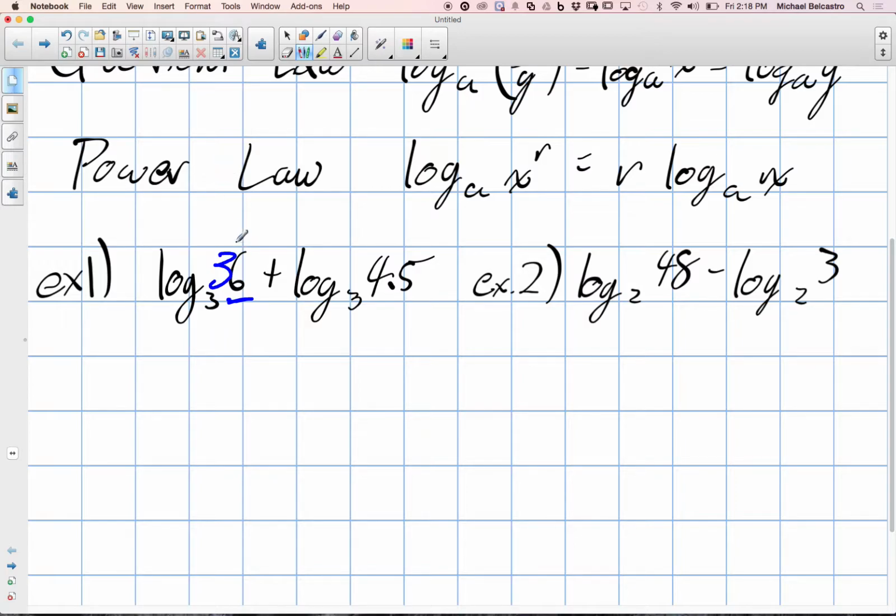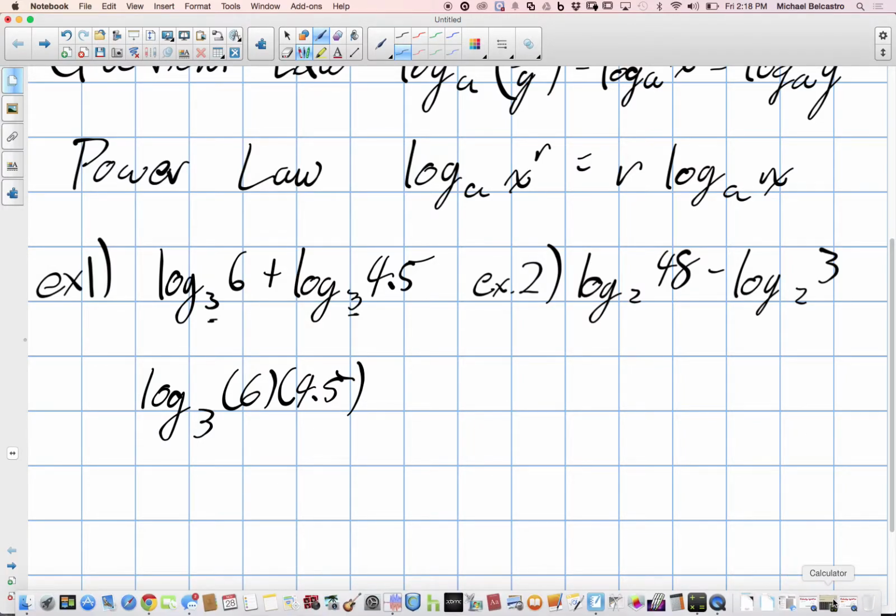It's clearly 3 to the power of some decimal value, and the same idea with 4.5. So let's actually change this into multiplication. Since the bases of the logs are the same, we can write this as log base 3 of 6 times 4.5. And we'll see if that helps us out here.